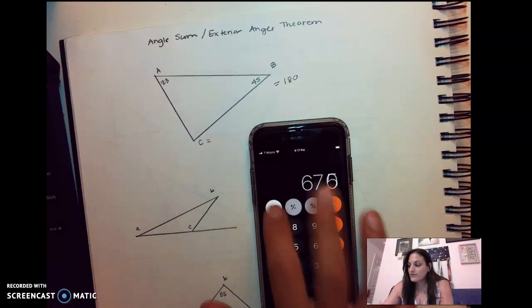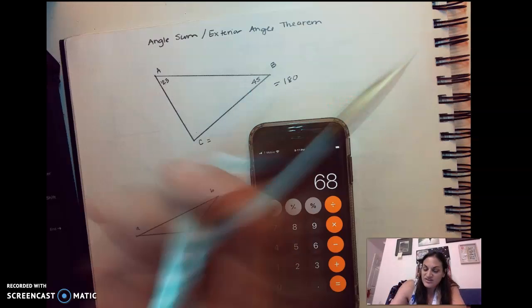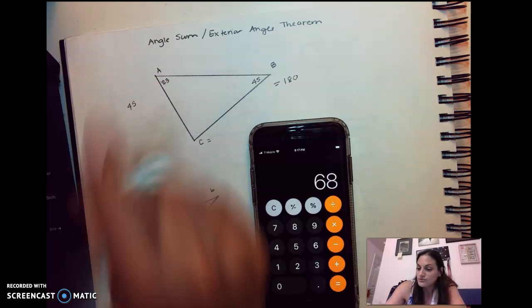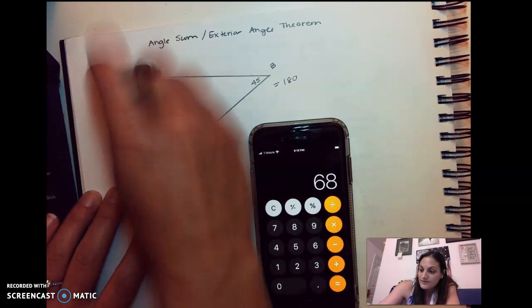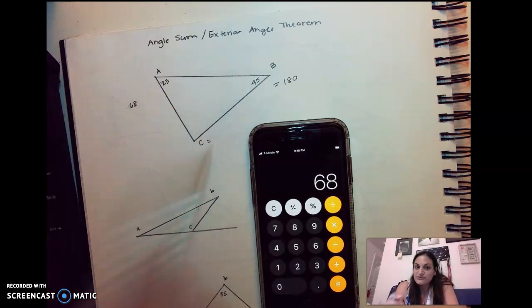All right, clear it out. I've got 23, and I add it to 45. So that means that A and B are 45 total. Okay, or I'm sorry, are 68 total. Now, this does not mean that C equals 68.